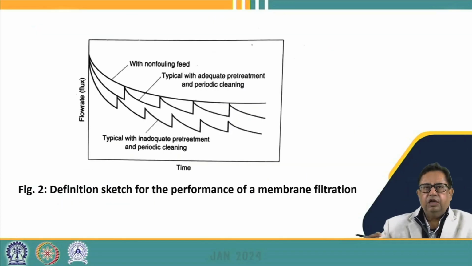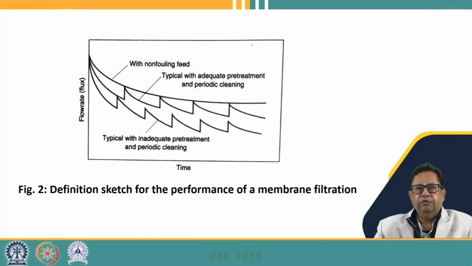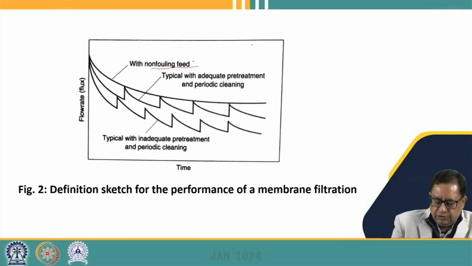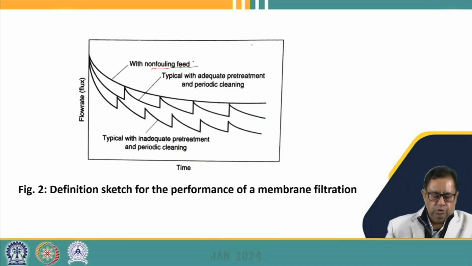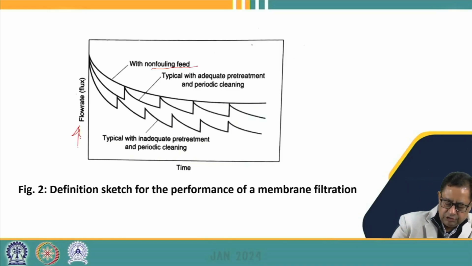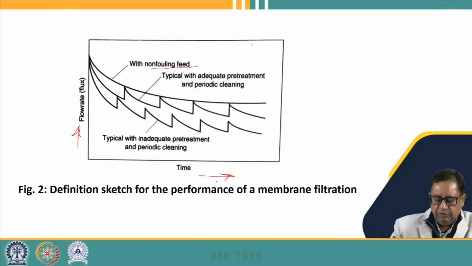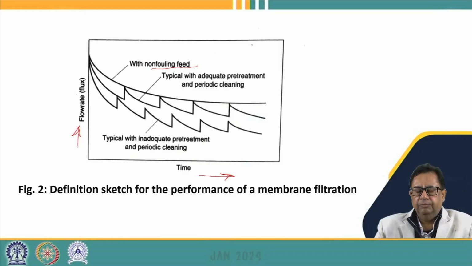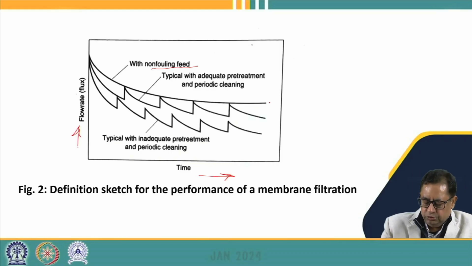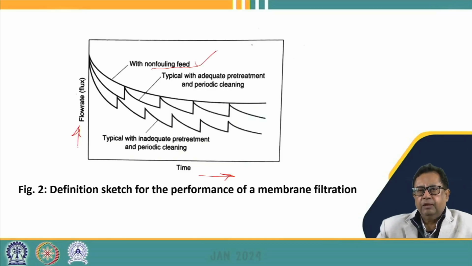What happens when we are having a membrane process, and we have a feed which is non-fouling in nature? You can see on the y-axis we have flux, and on the x-axis we have time. Slowly the performance or the flux will reduce even with a non-fouling feed, because we cannot remove everything by using any pre-treatment process.